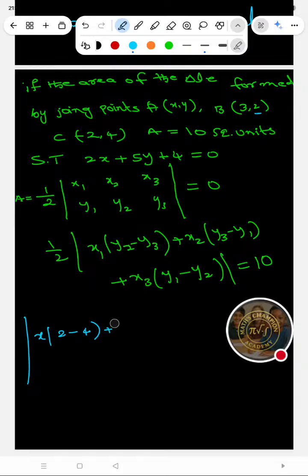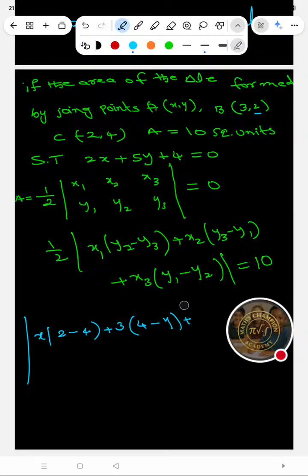Again plus x2, the value is 3, times y3, that is 4, minus y1, that is y.